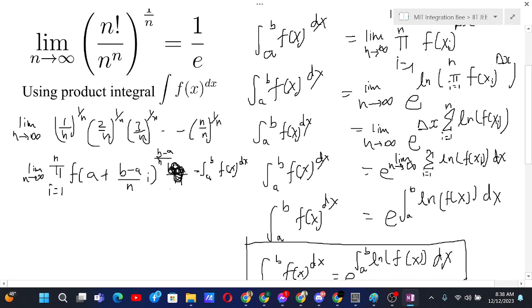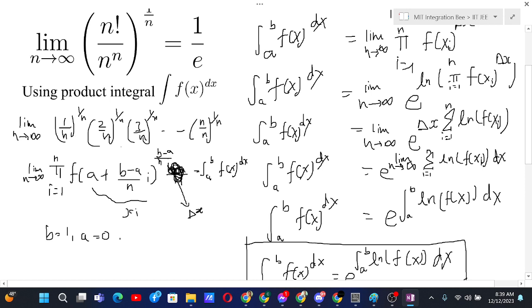Now for this product to be equal to the original product that we have over here, we need to have b as 1 and a as 0, and then in such a case we will have 1 by n in the exponent, and over here this will be just i by n, so that's what we need.